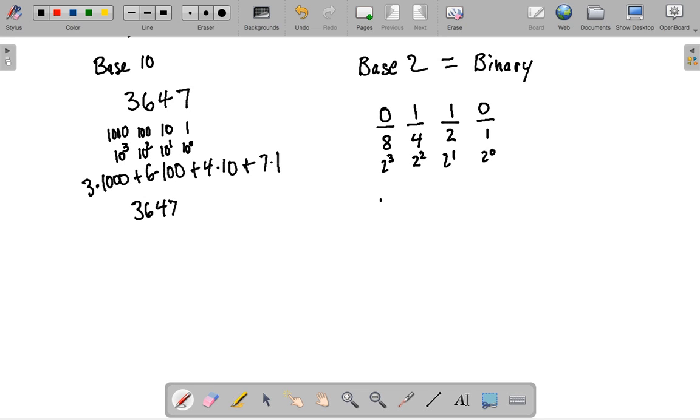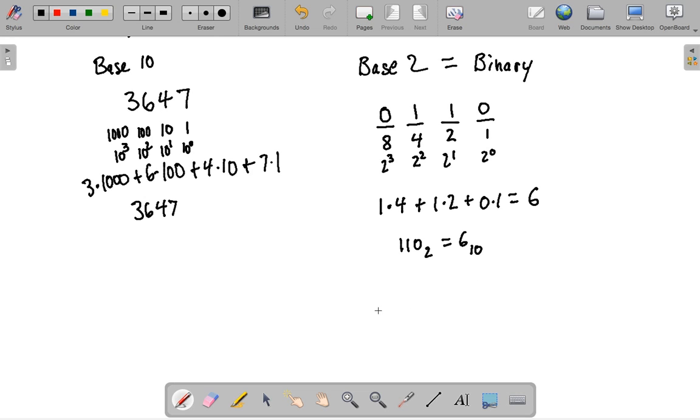That means that it's 1 four, and this 1 is in the 2's place, so that's 1 times 2, plus 0 ones. And so 4 plus 2 is 6. So this number, 110 in base 2, we can write it like this, is equal to 6 in base 10, our number system.